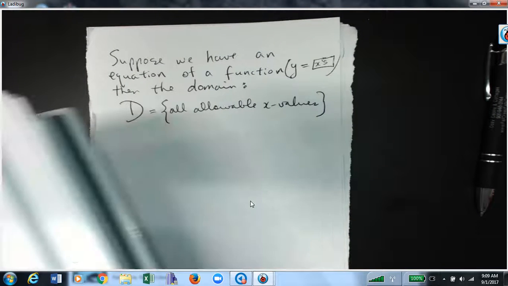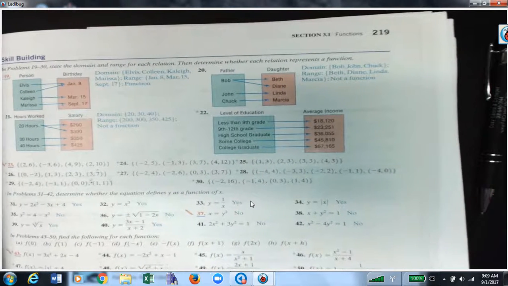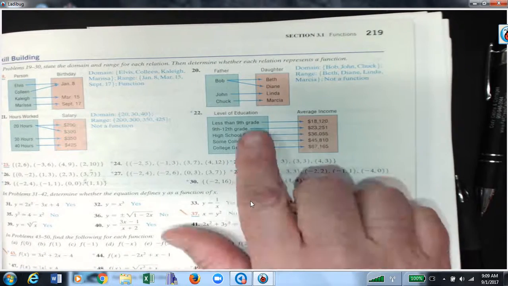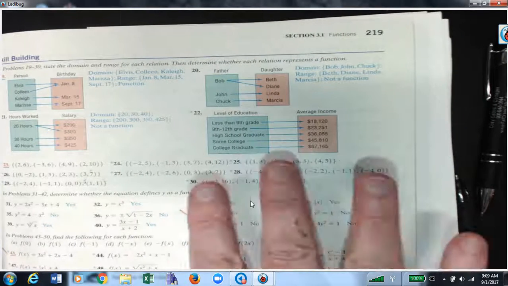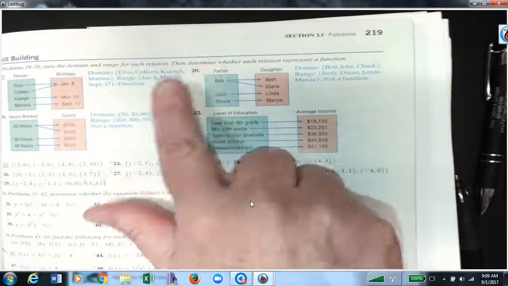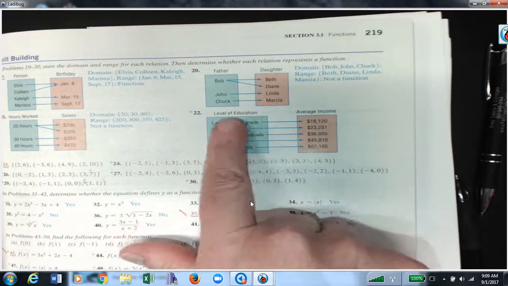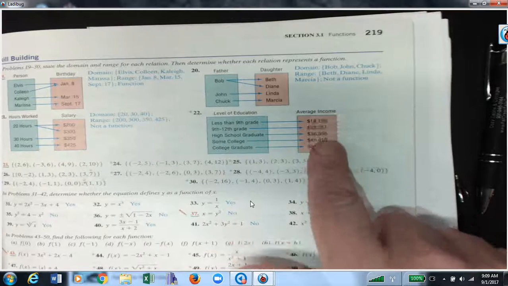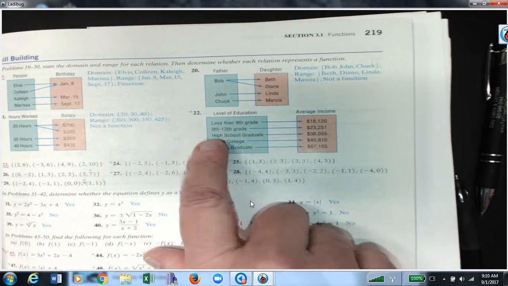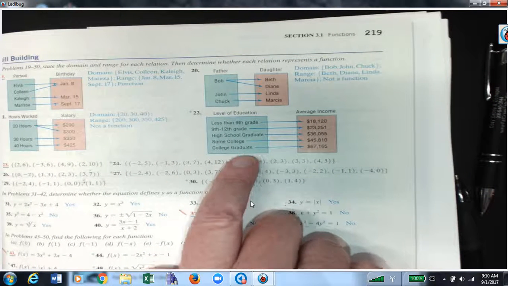That particular definition would also be okay for the previous representations of functions. If we call the domain our x values and the range our y values, then the domain is all the allowable x values. Well, the only allowable x values are what we have in here.